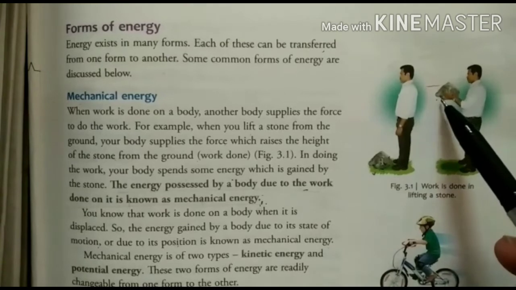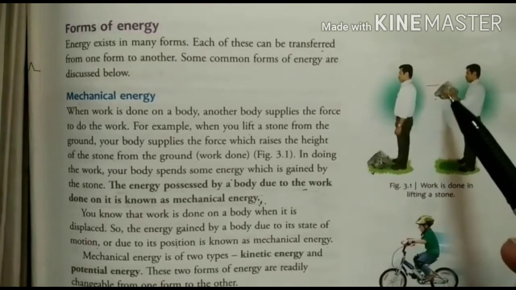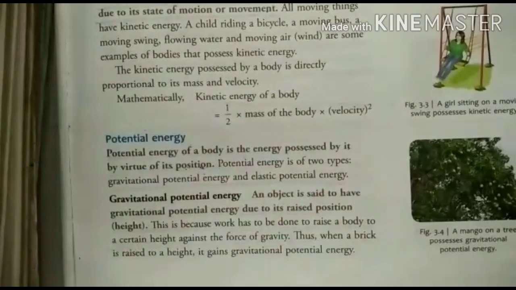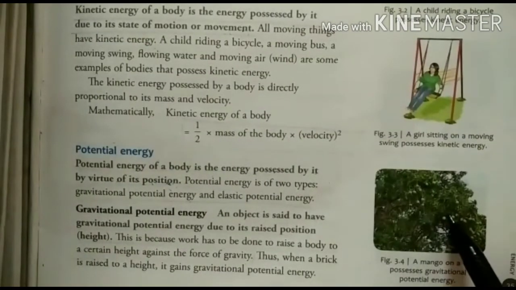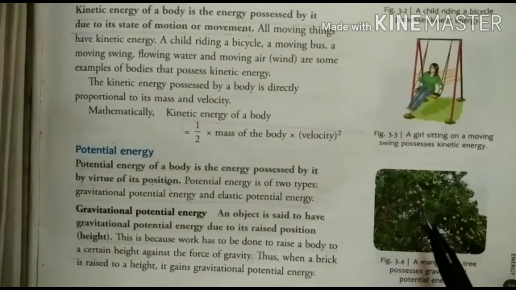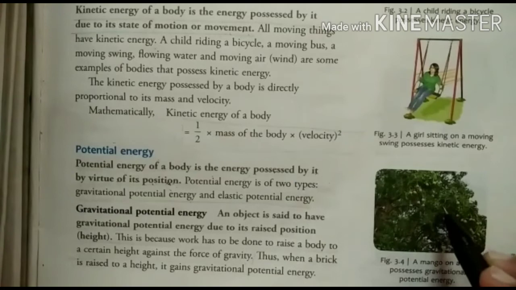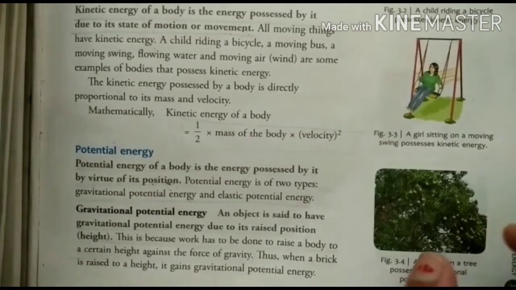So this raised stone possesses gravitational potential energy. In this figure you can see this mango, it is also at a raised position. So it also possesses gravitational potential energy.